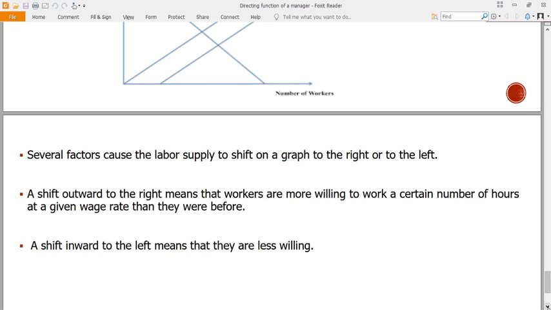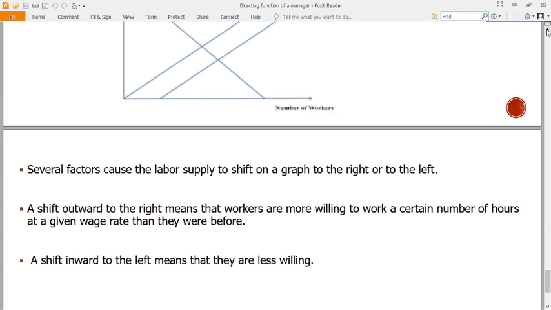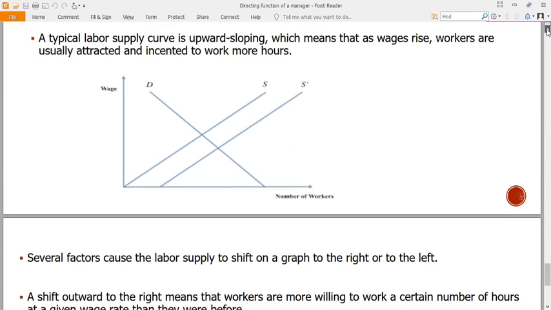So a shift to the right means that workers are more willing to work at a certain number of hours at a given rate than they were before. And then a shift inwards means they are less willing to work even when the pay is either constant or it has increased.